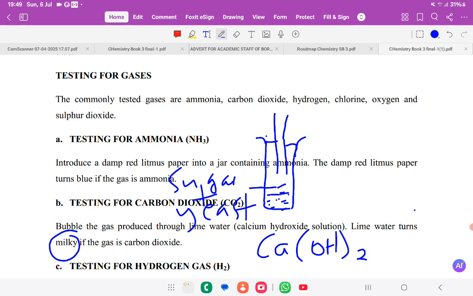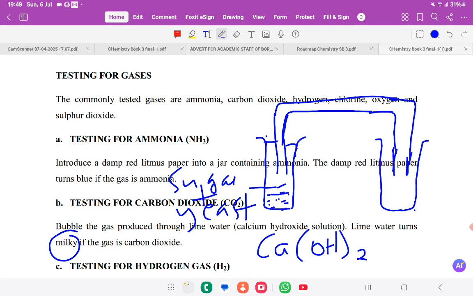Okay, if you connect this to another container that has lime water in it, like this. Let's suppose you have lime water in a separate jar, or maybe a test tube. So you have something like this.